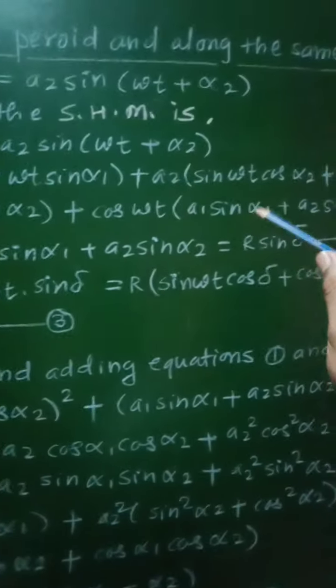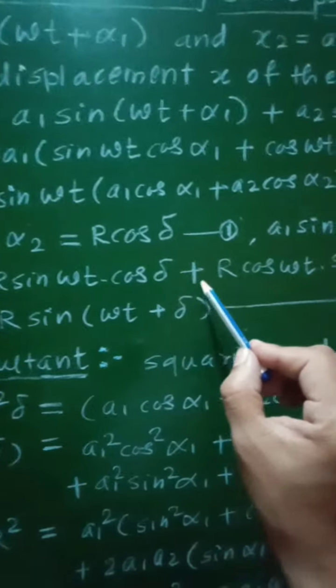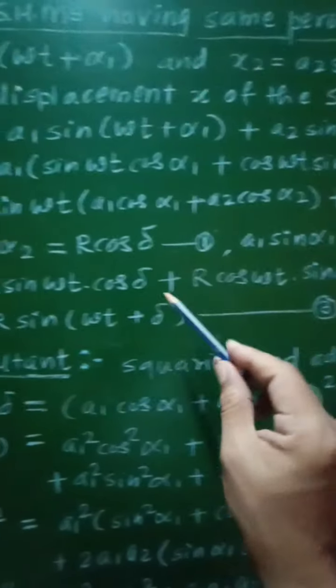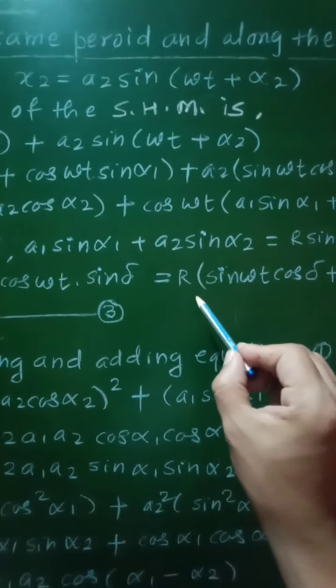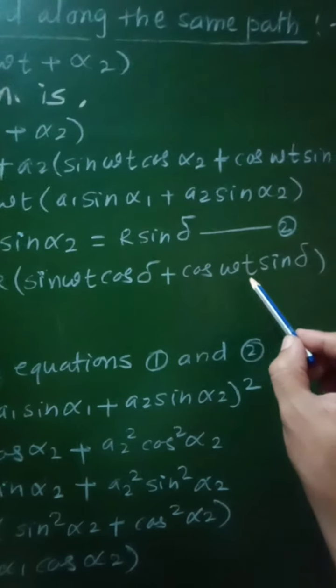For the second bracketed term it will be r sin delta, and therefore we will get r cos omega t into sin delta. So r will be taken common from these two terms, and then we will get r into (sin omega t cos delta plus cos omega t sin delta).